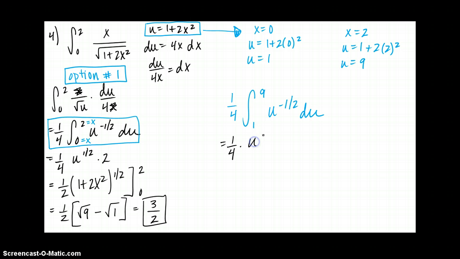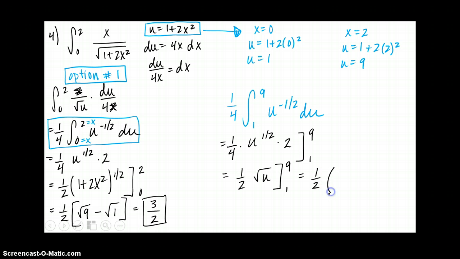We still have to integrate, add 1 to the exponent, and divide by the new one. So we get 1/2. Now, since our boundaries are in terms of u, we don't need to substitute x anymore. If these boundaries are values for u, then we substitute them in directly.